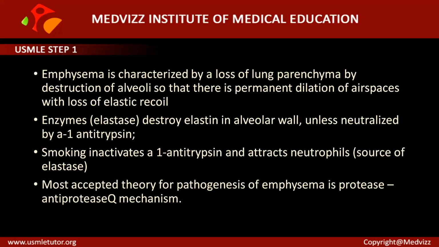So the most accepted theory for the pathogenesis of emphysema, whatever I explained to you, is the protease and antiprotease mechanism. Maybe the protease concentration, that is elastase, is high, or maybe the antiprotease, that is alpha-1 antitrypsin, is low. So that is why the most accepted theory is the protease and antiprotease mechanism.